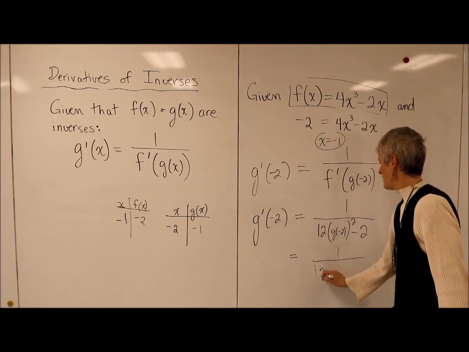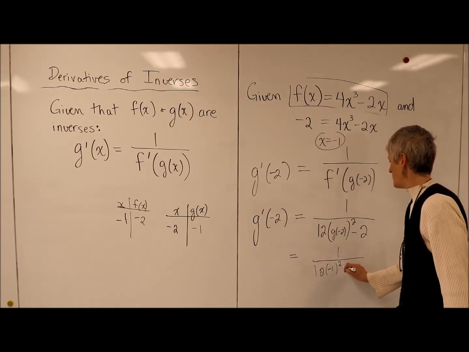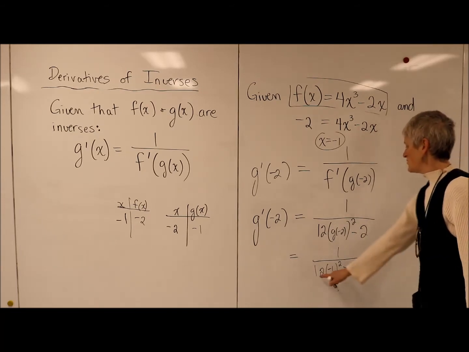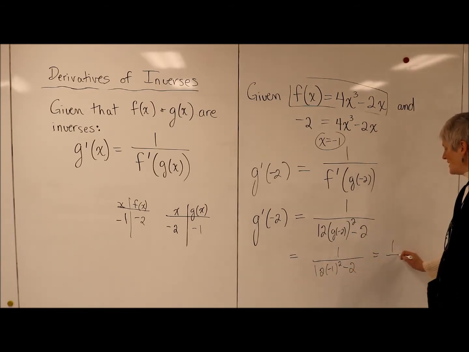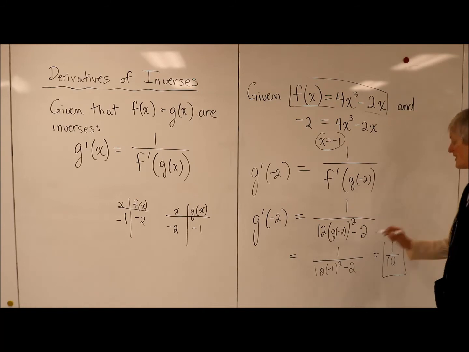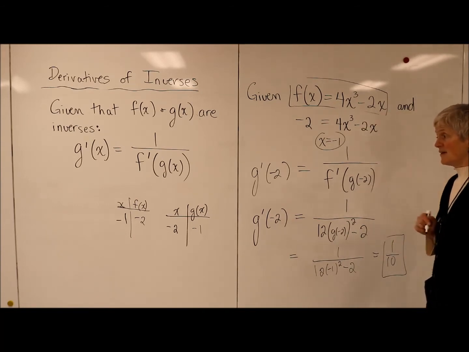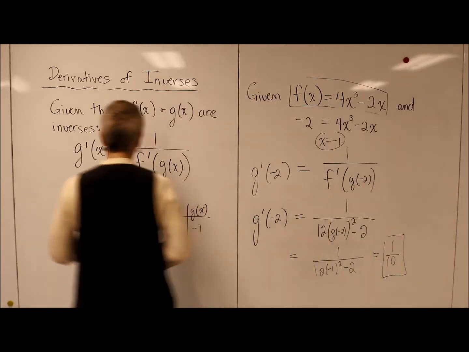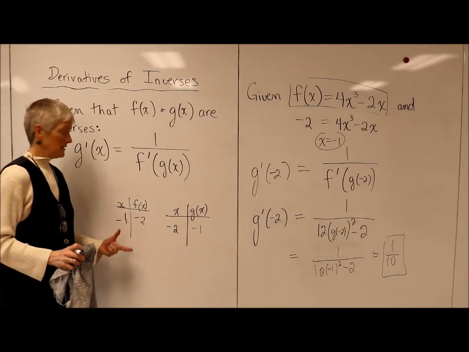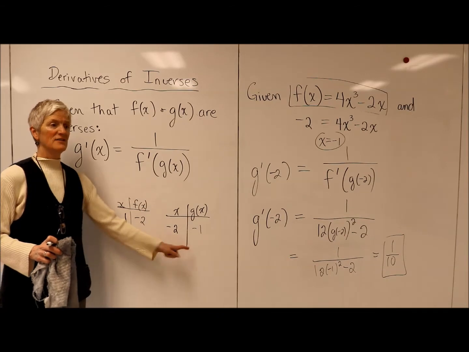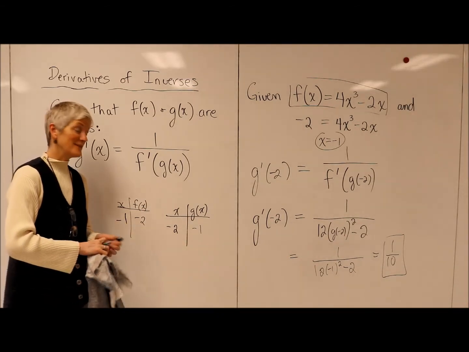So I have 12 times -1 squared minus 2. That gives me 1/10, which was the answer that we got when we did it the other way. Okay? Again, I strongly, strongly recommend you just make this little chart here: x, f of x, x, g of x. It makes a big difference. All right?